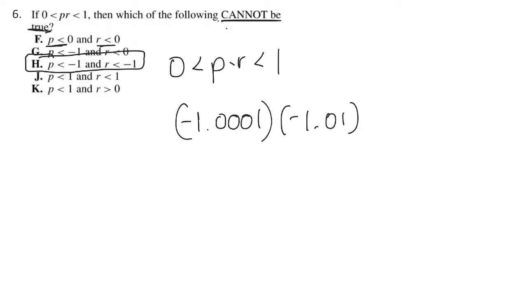No matter how close you can get there, their product is still going to be larger than 1, which is going to always produce a false case, no matter what values you choose inside those inequalities. So H was the correct answer there.